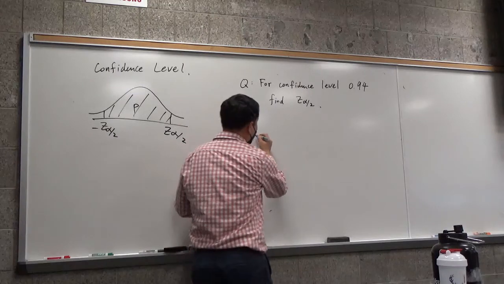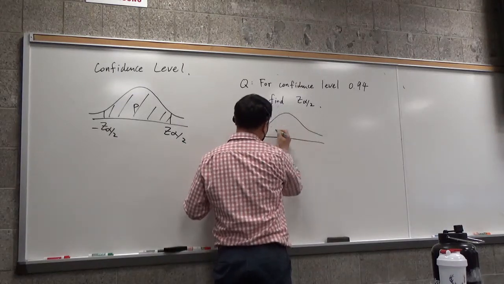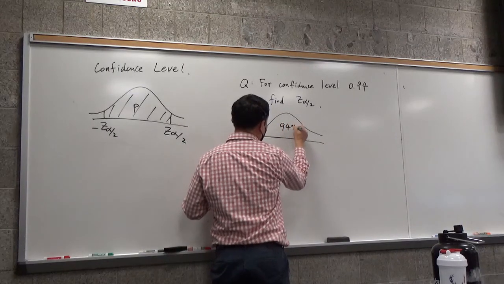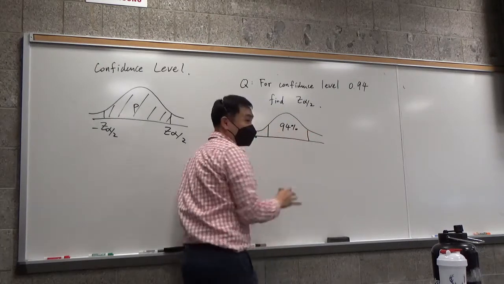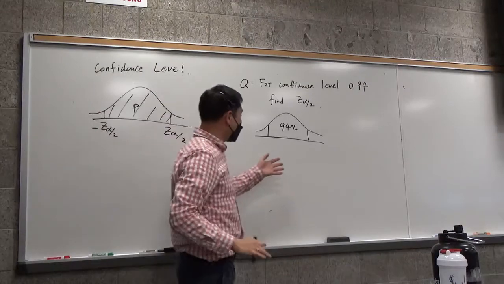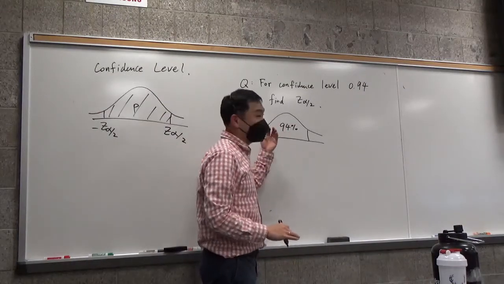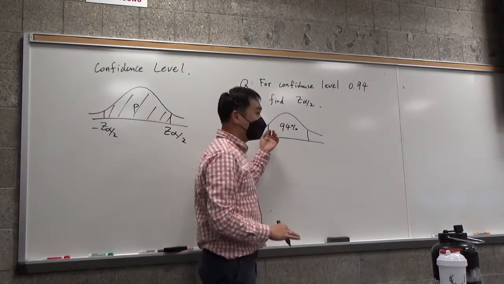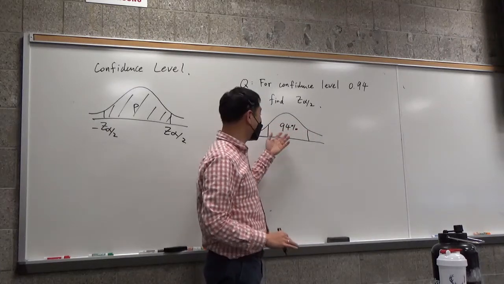So this means, what is the interval that will account for 94% of the cases? And you end up with this kind of question when you're planning and you want to make sure that you can serve 94% of the customers or 94% of the things manufactured and something like that.